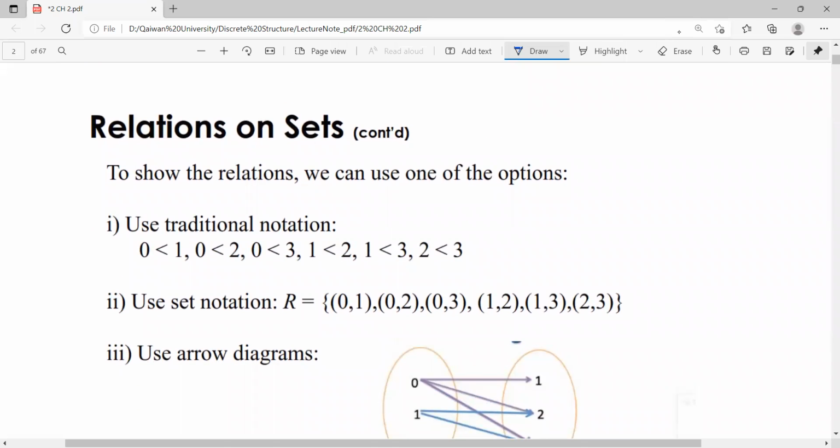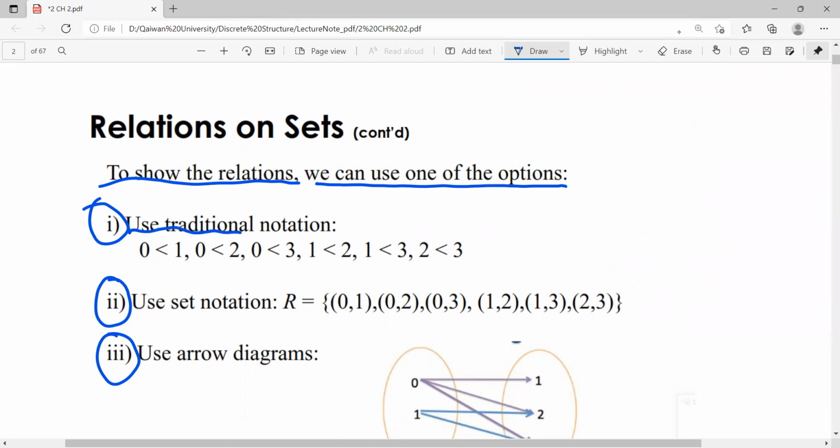Here we have relations on sets. To show relations, we can use one of the following options. We can express a relation between two sets in these 3 ways. First, using the traditional notation. We say 0 is less than 1, 0 is less than 2, 0 is less than 3, 1 is less than 2, 1 is less than 3, and 2 is less than 3.